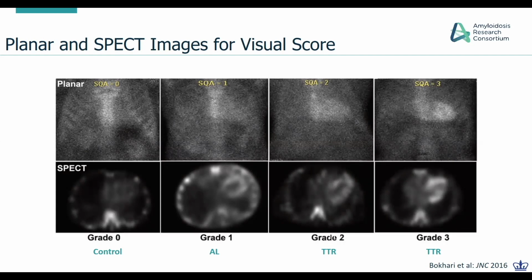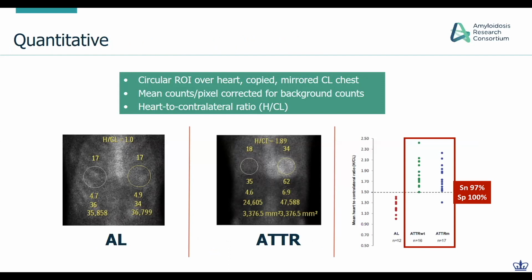So in those patients, we rely on transaxial SPECT images. We look at the myocardial uptake and rib uptake on the transaxial slices and give a visual score on transaxial SPECT slices. So anyone who has some attenuation in the myocardial region, you should rely on SPECT visual scoring for the heart to contralateral ratio, to have some quantitative data.